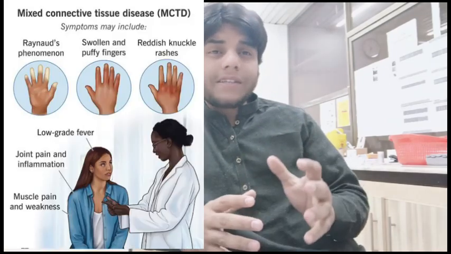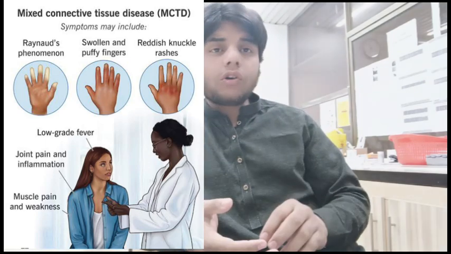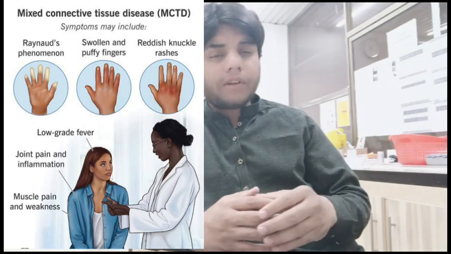Then we have mixed connective tissue disease. It is a mixture of autoimmune diseases, like lupus, scleroderma, and polymyositis. So these are the main purposes of the anti-KU antibody test.